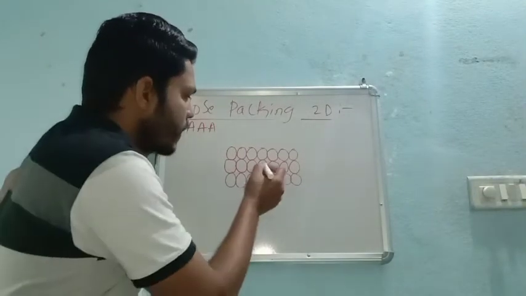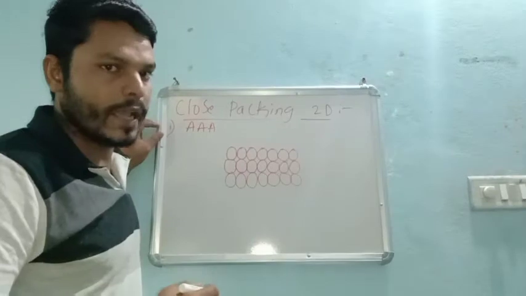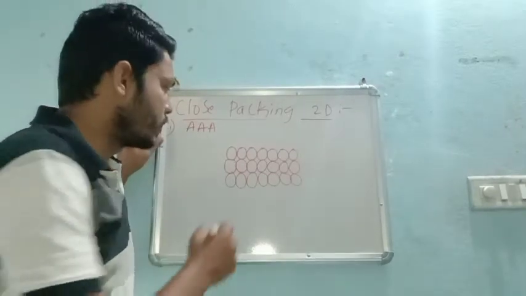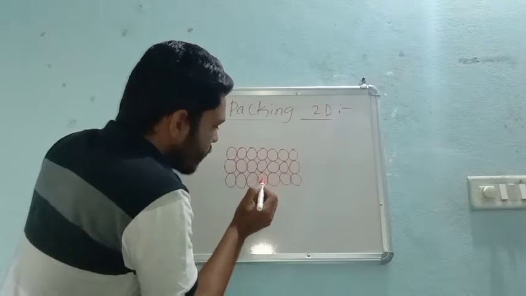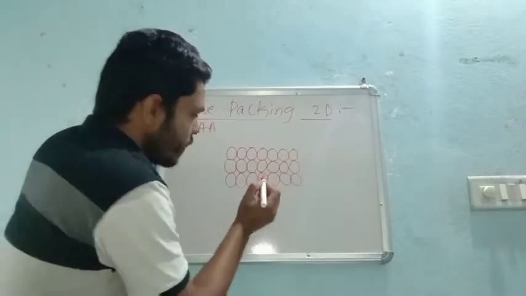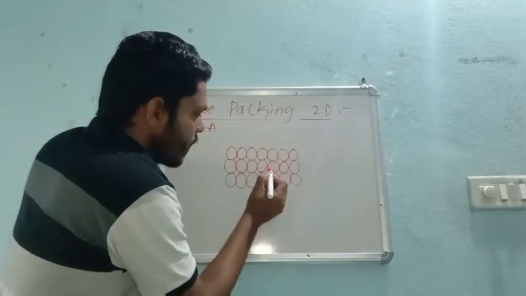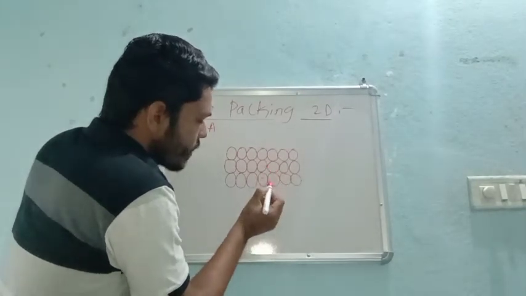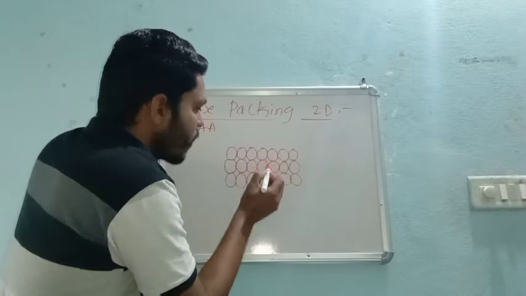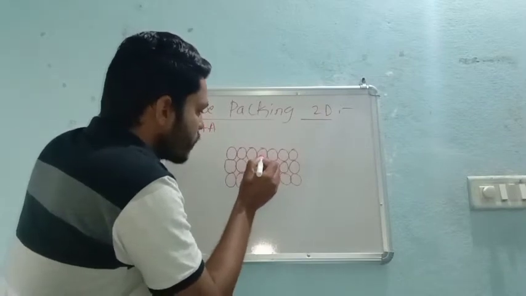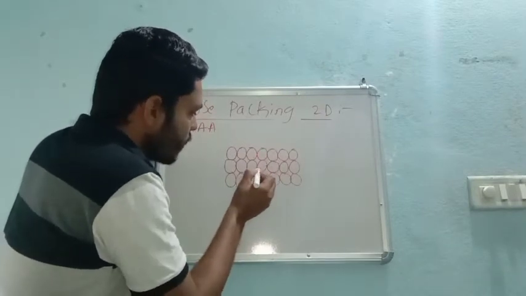If we consider a middle row atom as the particular atom, then you can see this atom is directly in link, right? You can clearly observe here. This one has no connection with this particular atom, so leave that. And now, what about this? This is also in direct link, and this.